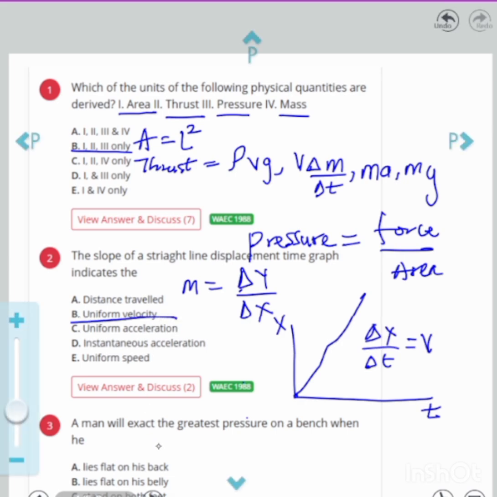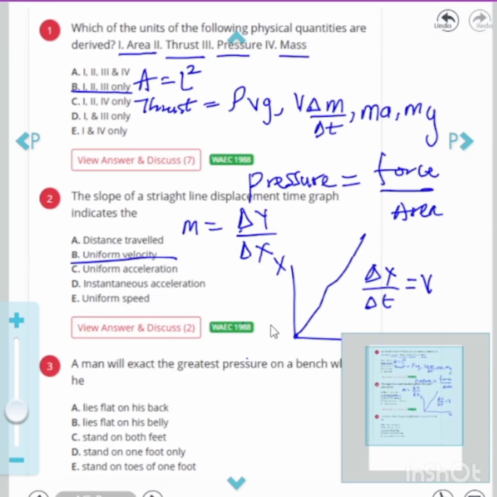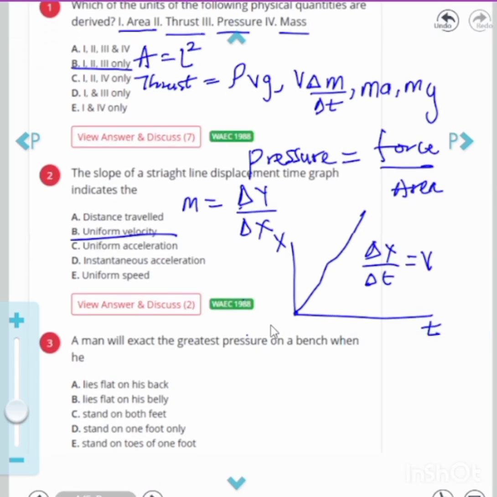All right. So the next one we have is: a man will exert the greatest pressure on a bench when he lies flat on his back, lies flat on his belly, stands on both feet, stands on one foot only, stands on toes of one foot.